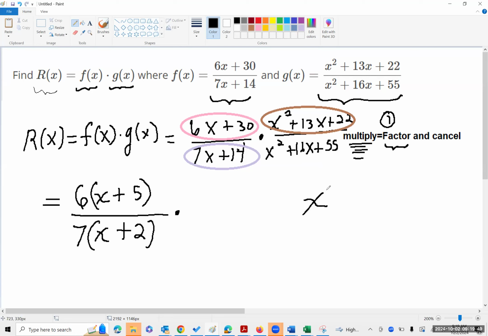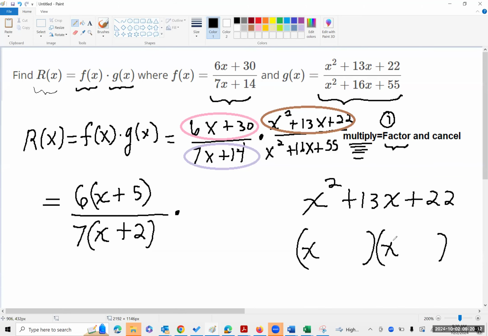So I'm just going to do some scratch work over here. x squared plus 13x plus 22. The nice thing about this one is that the coefficient here is 1, so this may be easier than it could be if there were a number over here, right? So I know right off the bat that's going to be an x. Now I have to think of all the ways of getting the product of 22.